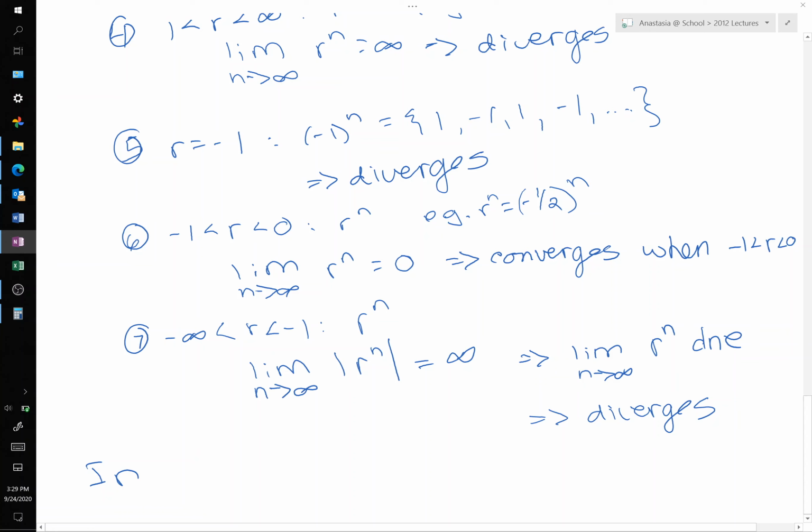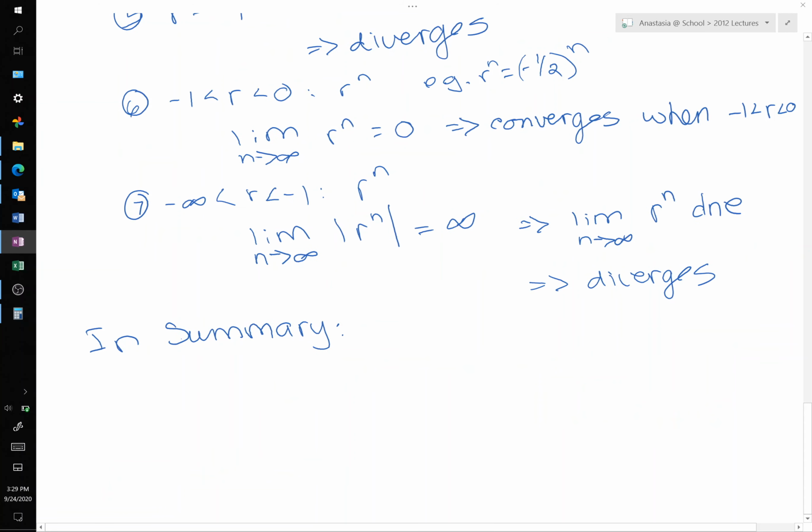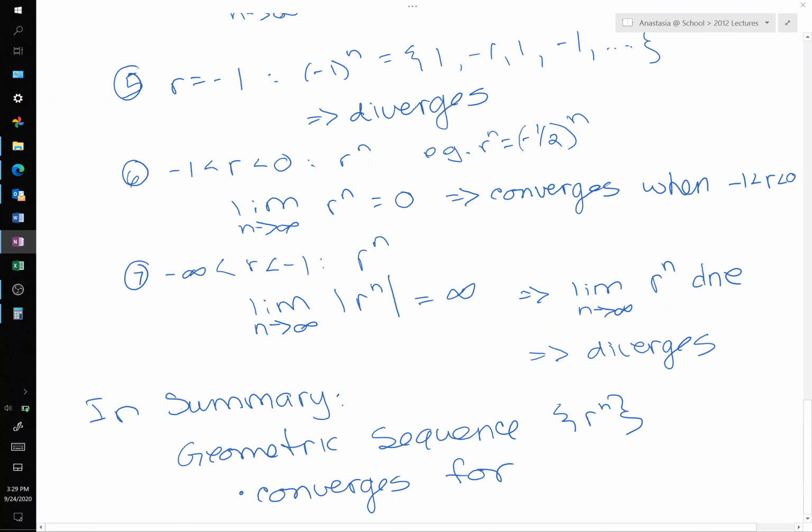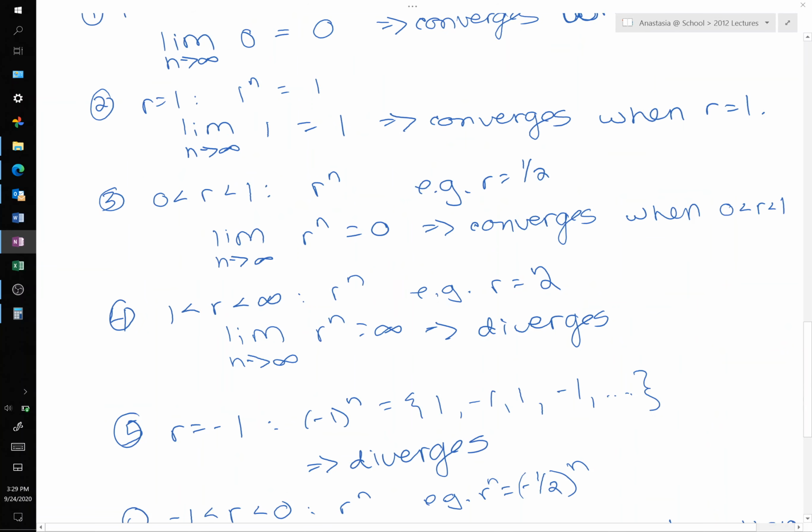So, in summary, this is the result that you want to remember from this example. The geometric sequence r^n converges for, let's see if we can put everything together. It converges when r is 0, when r is 1, when r is between 0 and 1.